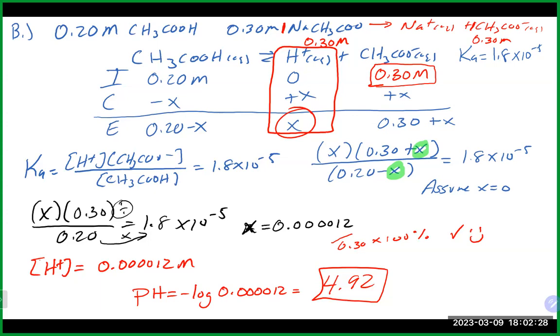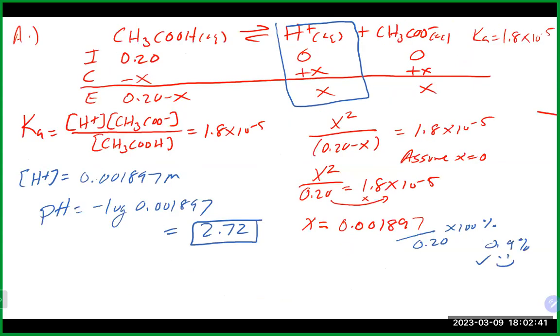Now, what did we see in terms of the pH of acetic acid by itself versus acetic acid with the common ion? Which one was lower pH? It is the acetic acid by itself at 2.7.